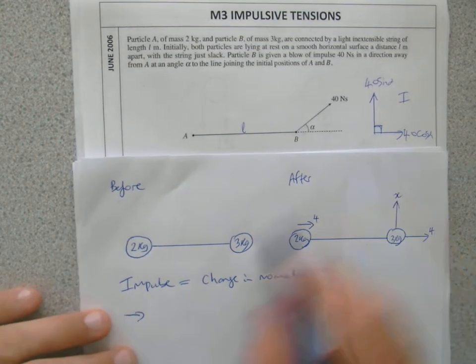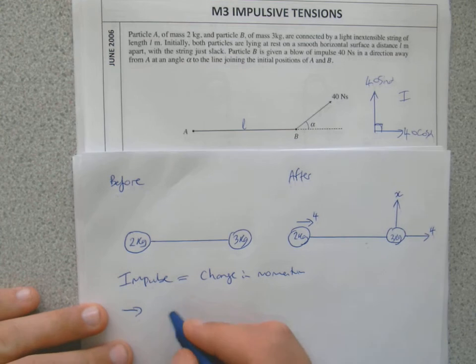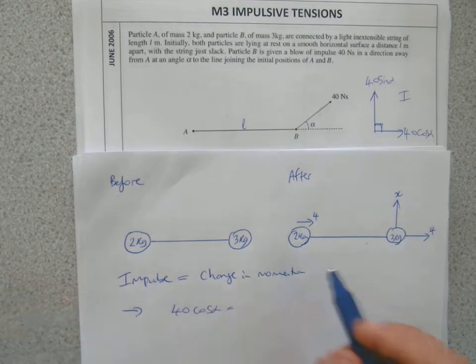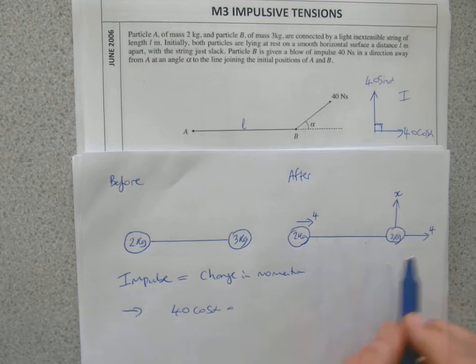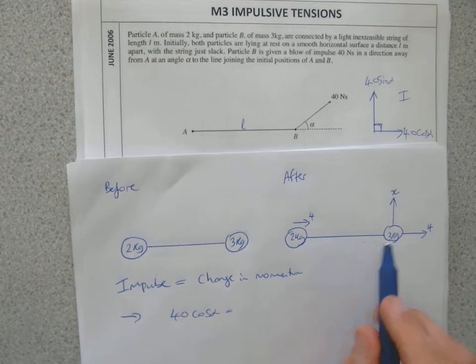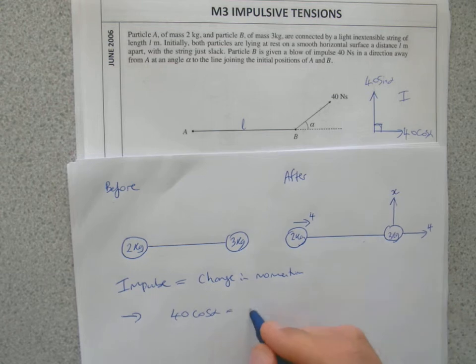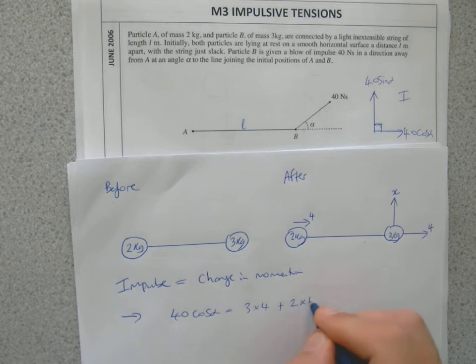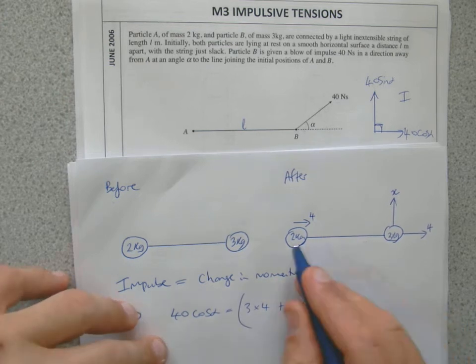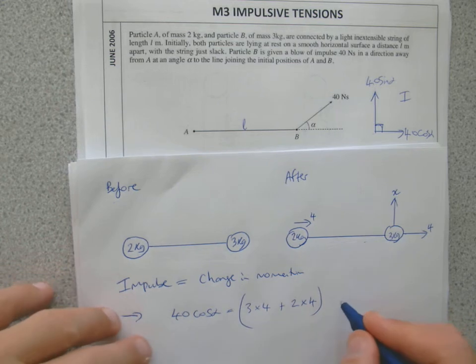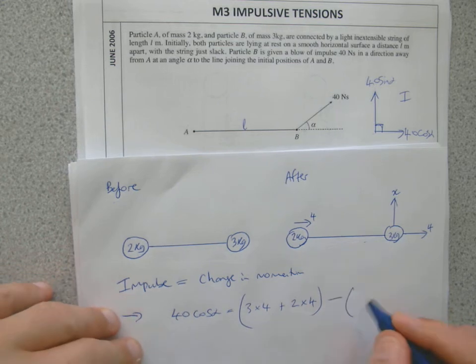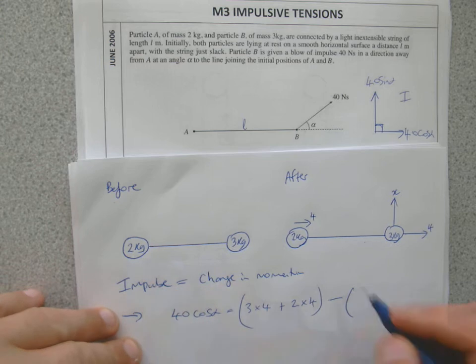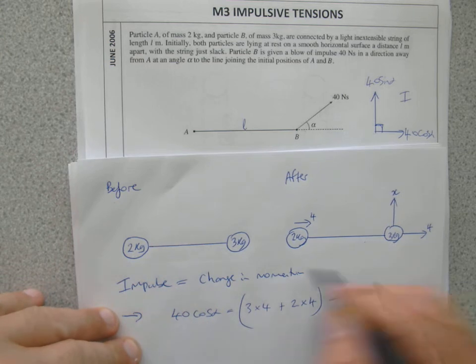So going in this direction, 40 cos alpha will be the change of momentum. Let's look at the momentum of the whole system. Momentum after is mass times velocity, 3 times 4, add the momentum of A, which is 2 times 4. That's the overall momentum in this system. The momentum before will be 2 times 0, because it stays still, plus 3 times 0.